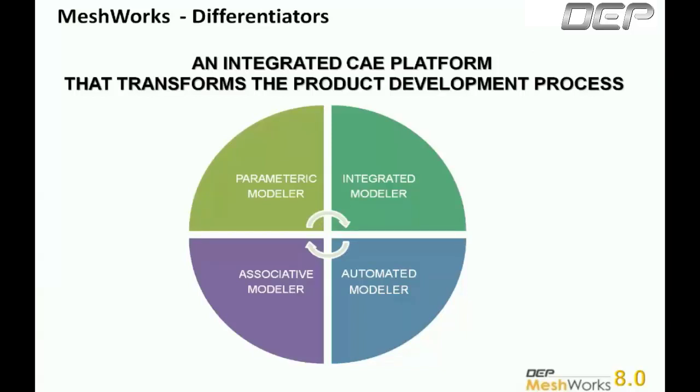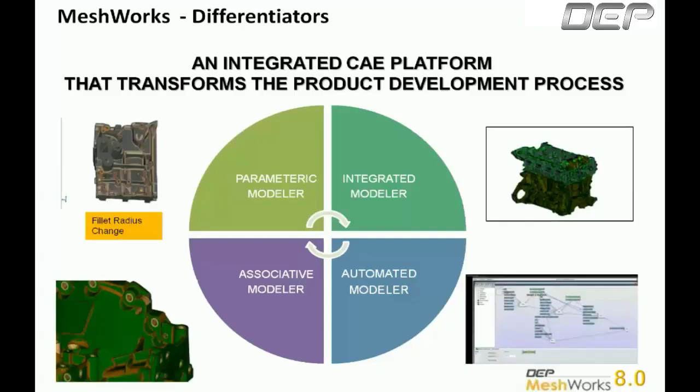We are also going to see the associative modeler today and its impact in helping CAE engineers save time. In the next set of webinars, we are also going to see the use and benefit of the parametric modeler, besides the automated modeler, where we are able to automate CAE processes without having to master a programming language and without having to write lines of code.